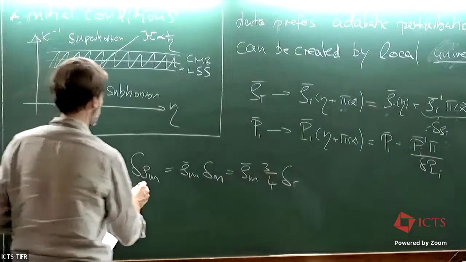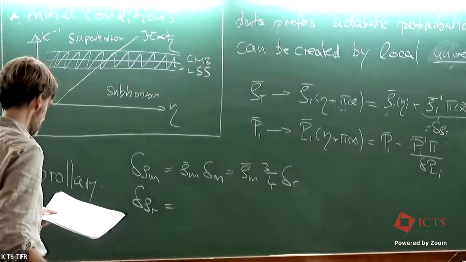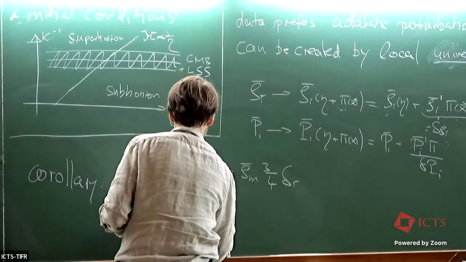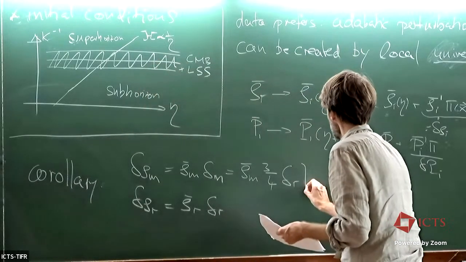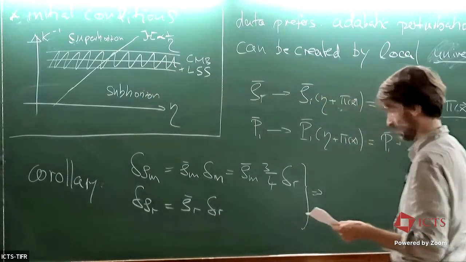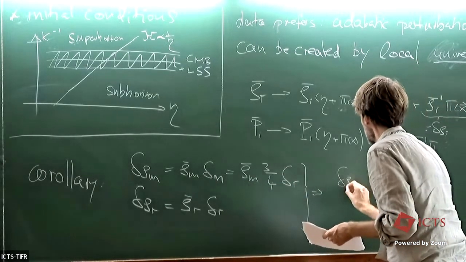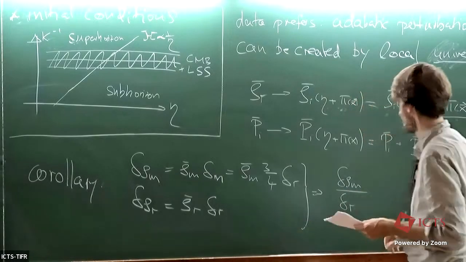That's one thing we can do, and then we can start with delta rho radiation and write it as rho bar radiation times delta. And then we can look at the ratio of these two. So how do matter and radiation perturbations compare?